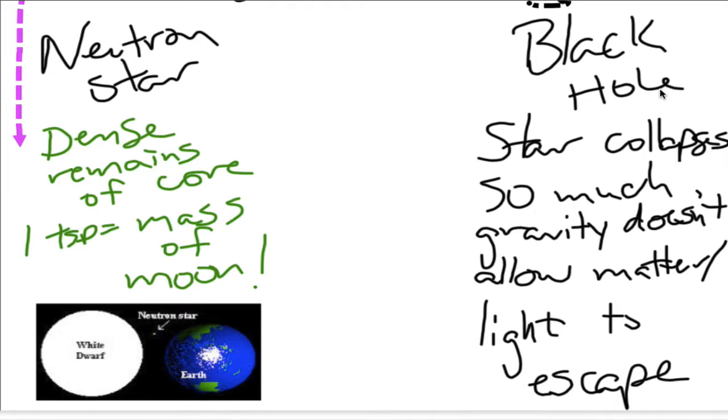Their gravitational attraction is so big that they don't let matter escape them, and they don't even let light escape them. And light is so fast. I mean, it travels at 300,000 kilometers per second. So for something to have enough gravitational force to keep light from escaping is gigantic.